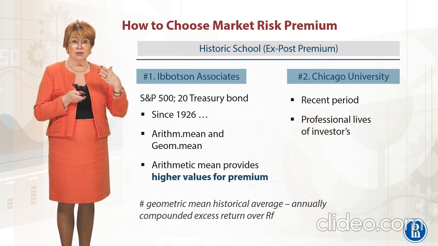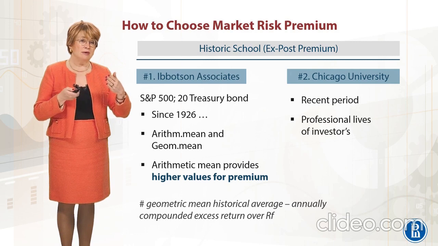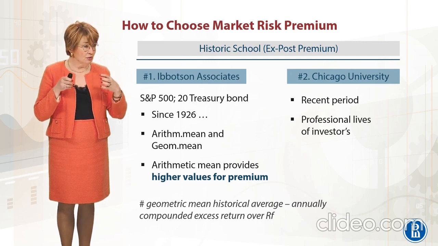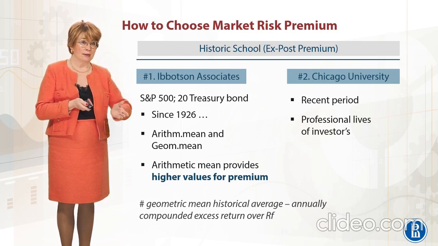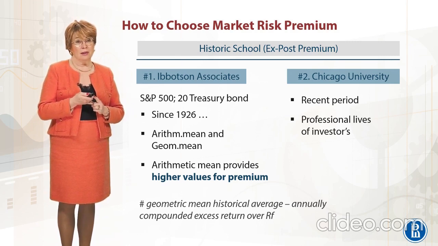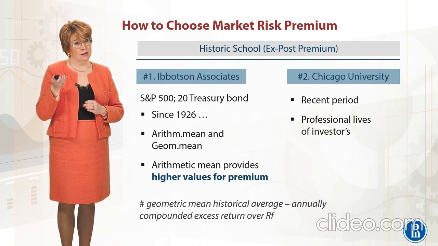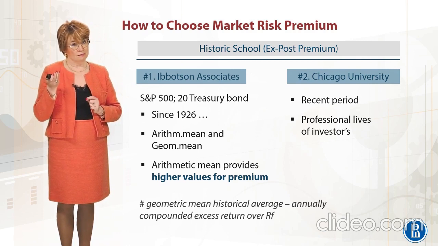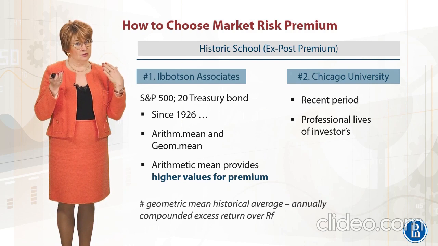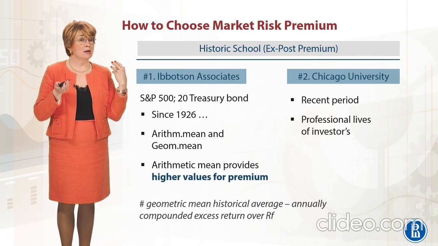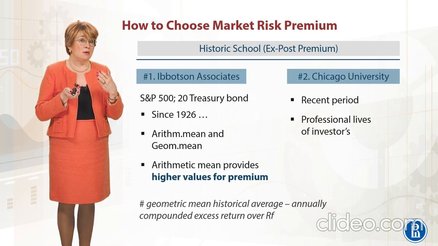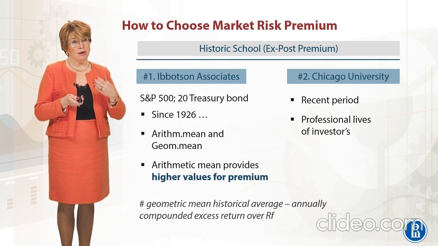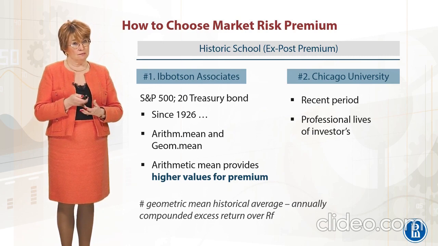This is the initial year which provides a collection of data about the Standard & Poor's 500 market index and the treasury bond with 20 years of maturity. So their philosophy says, let's look back as far as possible, as far as the data permits us to make systematic regular observations.